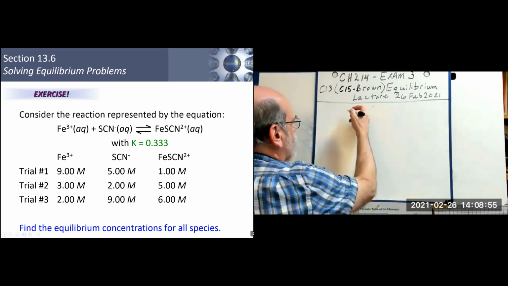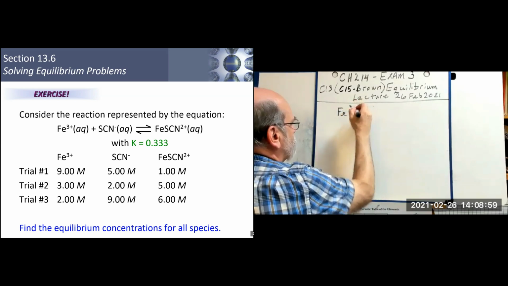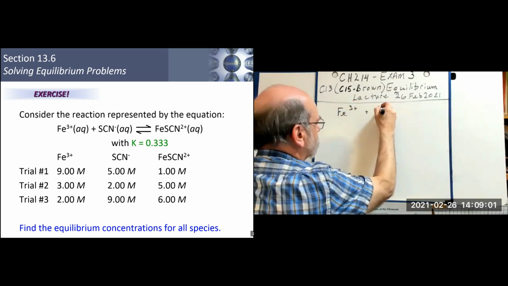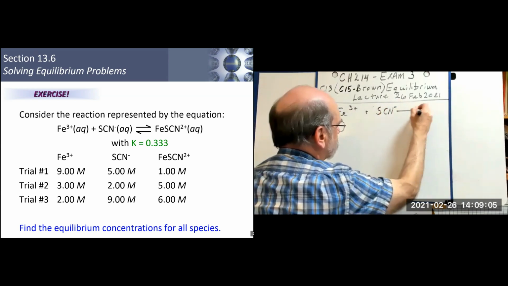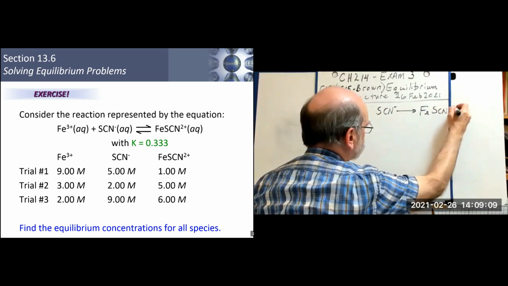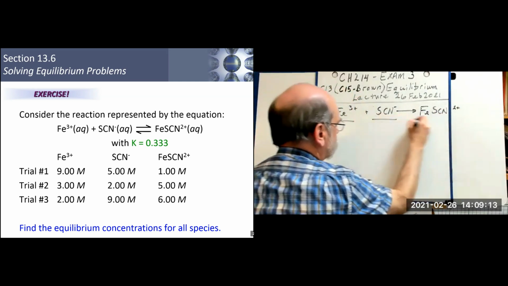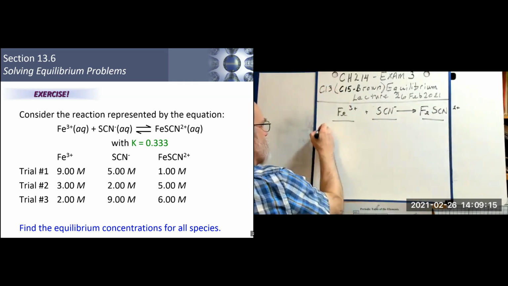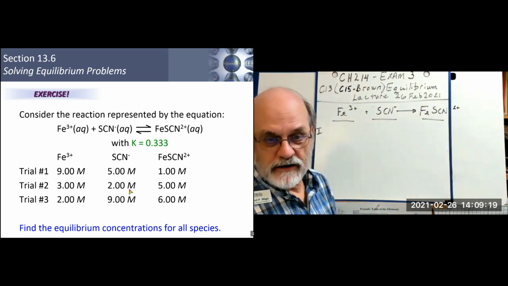So I'm going to write my equation here. All right. So the initial concentrations are what? Well, the initial for iron is 9 molar.